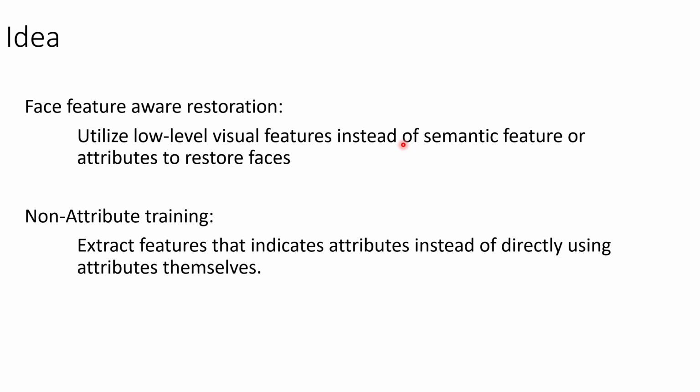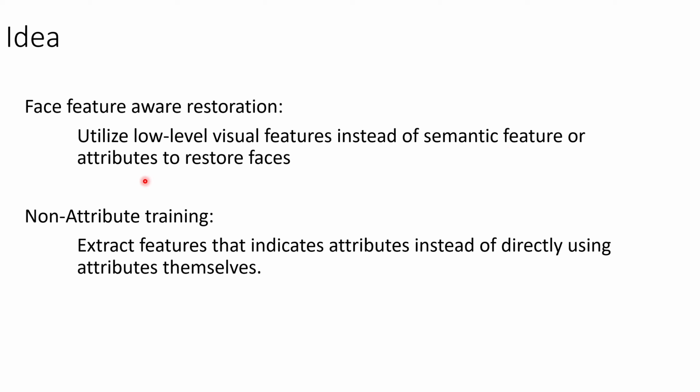Next, we will talk about some high-level ideas. The first idea is phase feature-aware restoration. We want to utilize some low-level visual features instead of semantic features or attributes to restore phases. In the works for super phase restoration, they typically take advantage of semantic features, which are attributes.